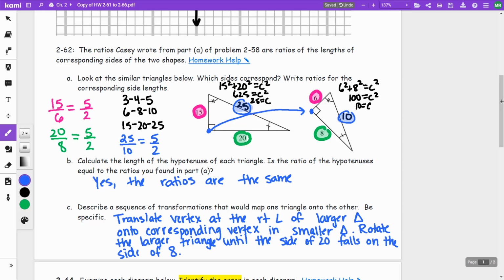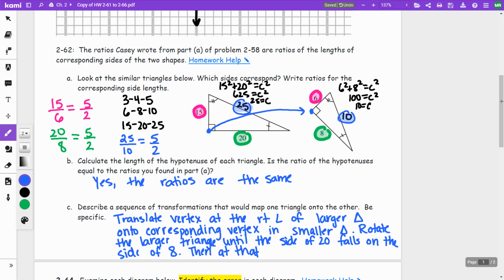And then what I'm going to do is a dilation at that vertex.